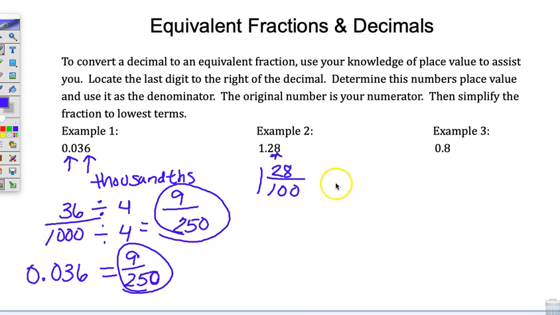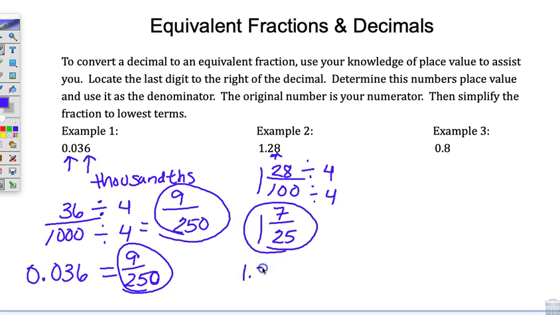Then I'm going to simplify by reducing them again. Oh, it looks like both are divisible by 4 again. So I keep the 1. 28 divided by 4 is 7. 100 divided by 4 is 25. So 1.28 is equivalent to 1 and 7 over 25.